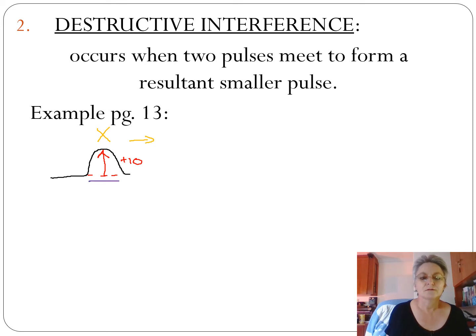The width of this pulse and the width of the next pulse must be the same. So in the same medium, there is another pulse moving towards the left, and that pulse, I'll call it Y, has an amplitude of -8.